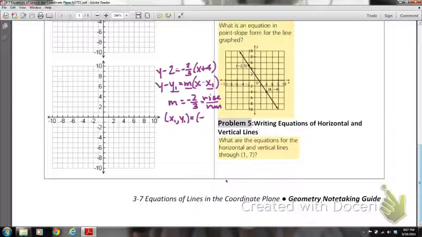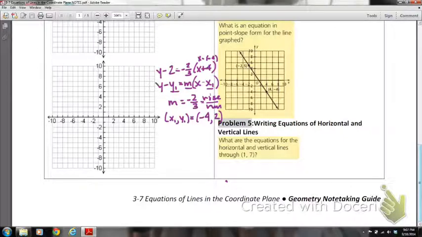Be careful of your signs, because this is really x minus a negative 4 to match the point slope formula. And then the y value for y sub 1 is going to be a positive 2.